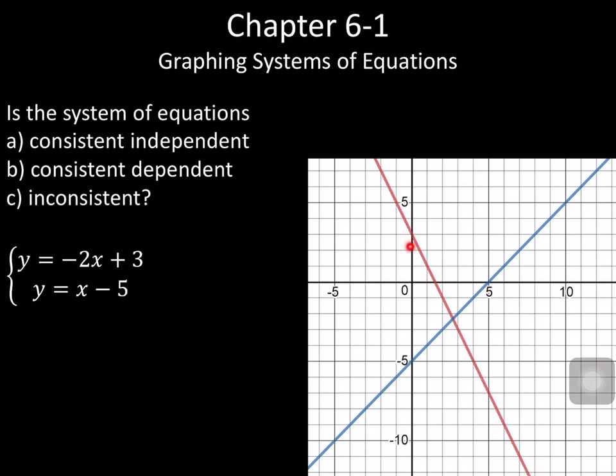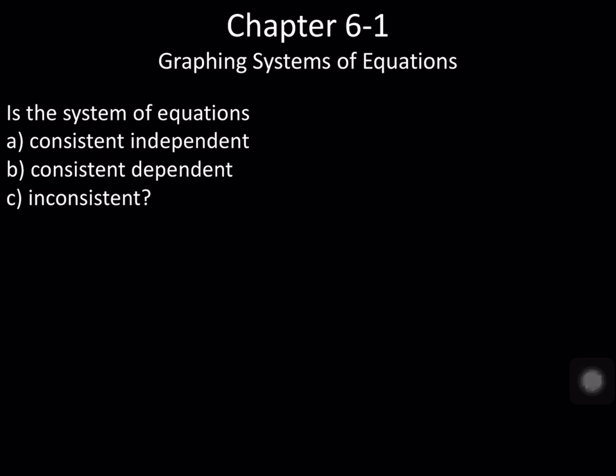These are those two lines, and the question is, do they have an answer and how many? These lines intersect at one point, so it is consistent. There is an answer. The lines are independent of each other, so this is a consistent, independent system, and it has one answer.